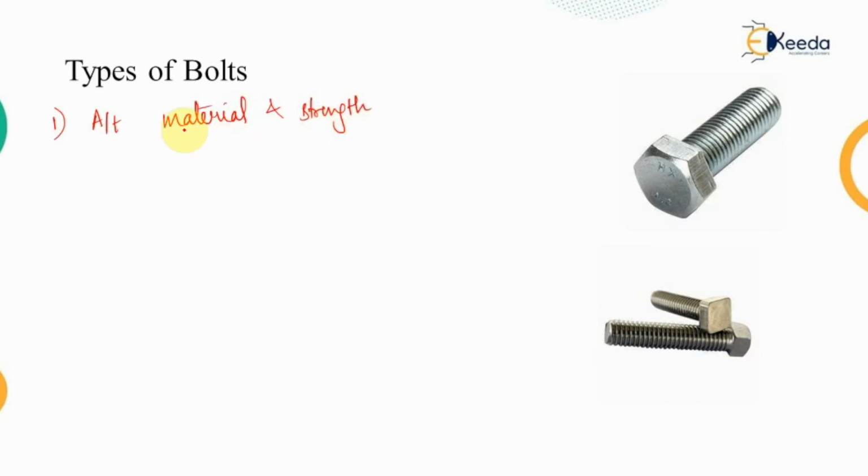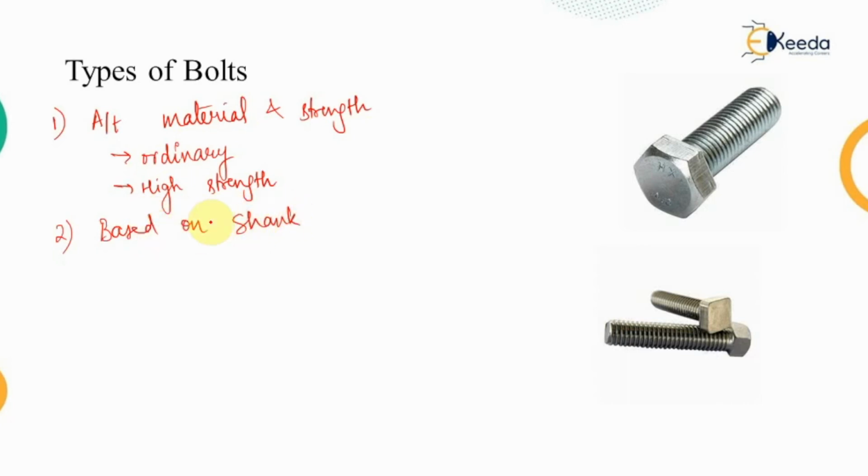Based upon the material that we are using, they are classified into ordinary bolts and high strength bolts. It is clear from the name itself that the ordinary bolts will have lesser strength than the high strength bolts. Another classification can be based upon the shank which is provided.